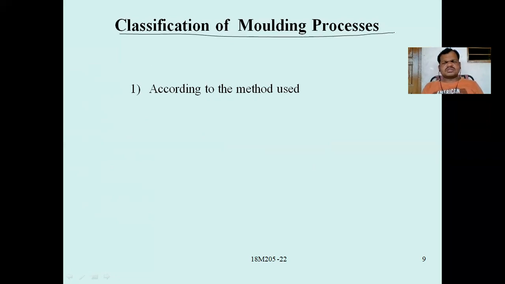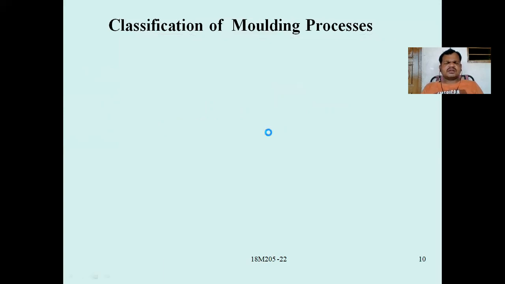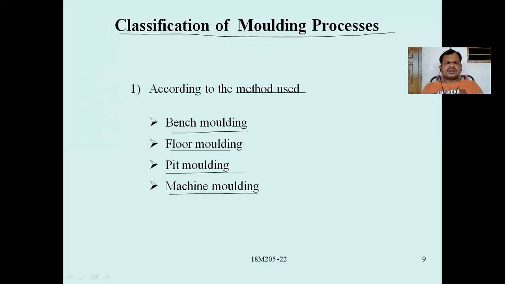Next, coming to classification of molding boxes. First, according to the method used, we have four types.